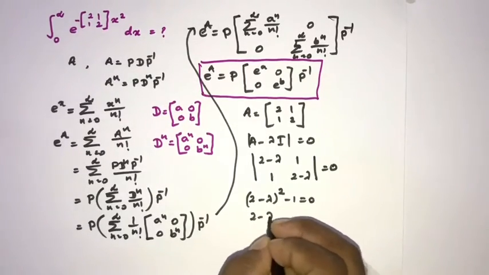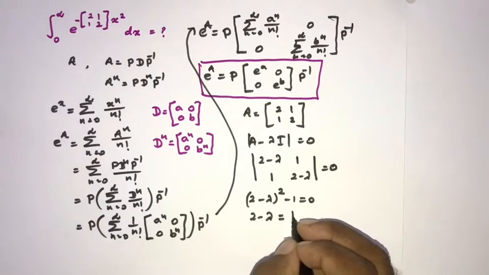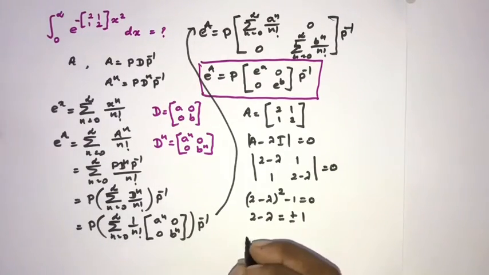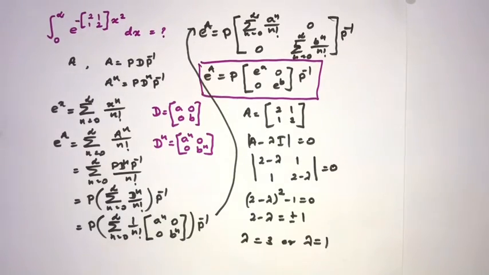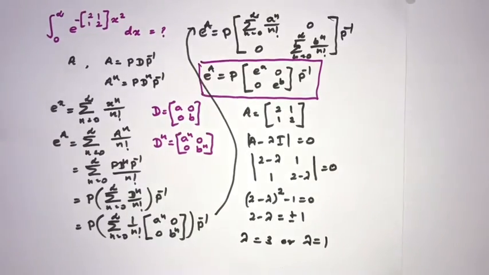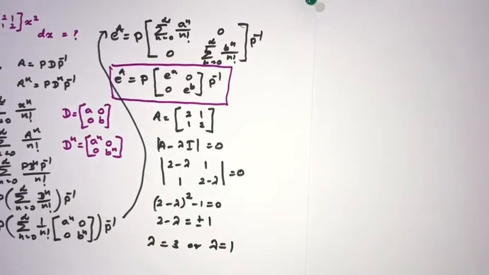So 2 minus lambda is equal to plus or minus 1, then lambda is equal to 3 or lambda is equal to 1. Now we know the eigenvalues are 3 and 1.